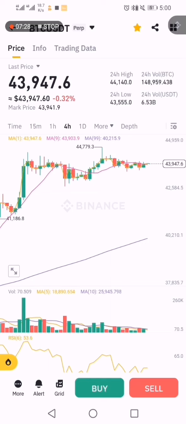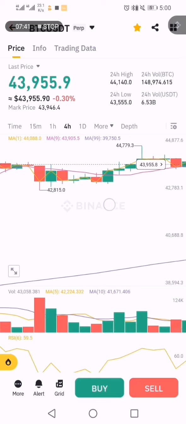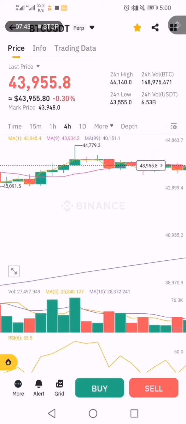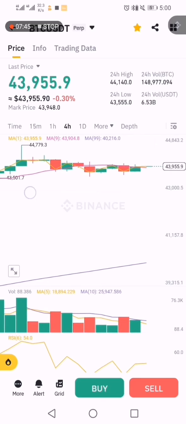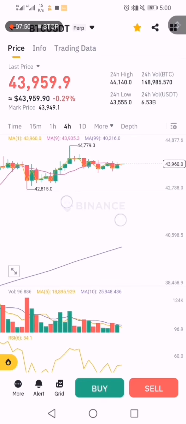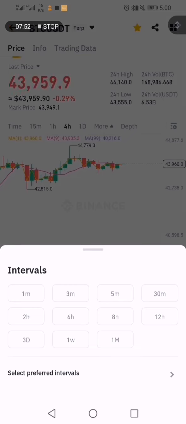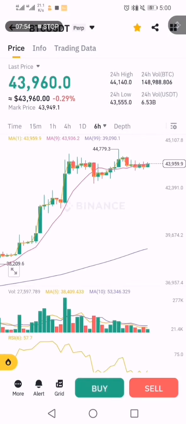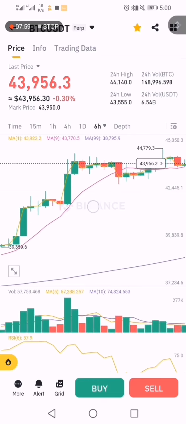You have to check the charts and use different time frames. I'm using 4 hours now, so I have to check the candles very well, to know the situation of the market properly. So right now everything looks bullish, and very soon things may change, but let's keep going.